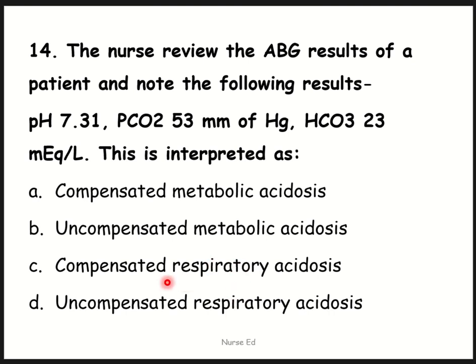Now, how do you differentiate whether it is compensated or uncompensated? For that you need the third value. Bicarbonate is still normal. It has not started compensating, so it is not even partially compensated. It is completely uncompensated. Uncompensated respiratory acidosis is the answer.